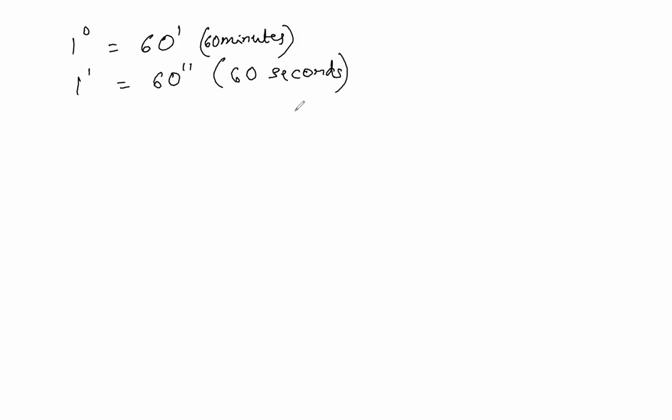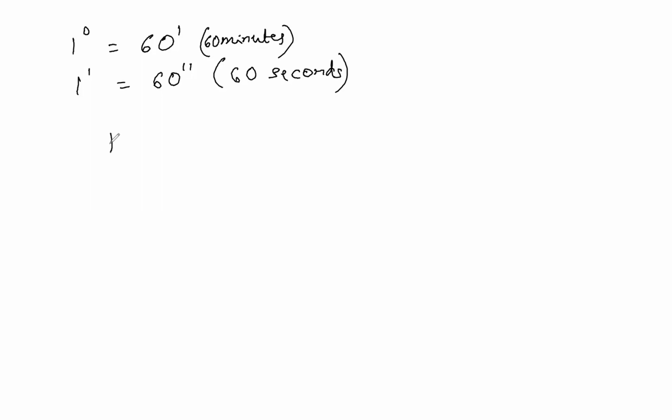Which means to convert degree to minutes, multiply by 60, and minutes to seconds also multiply by 60. For example, 2 minutes means it will be 2 into 60. So this is the conversion.